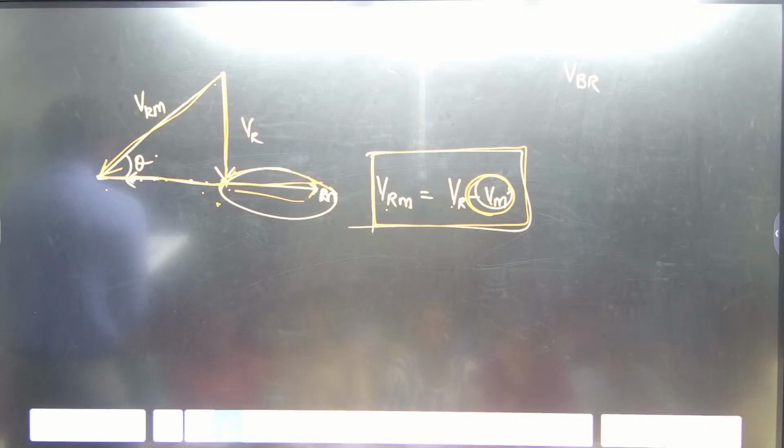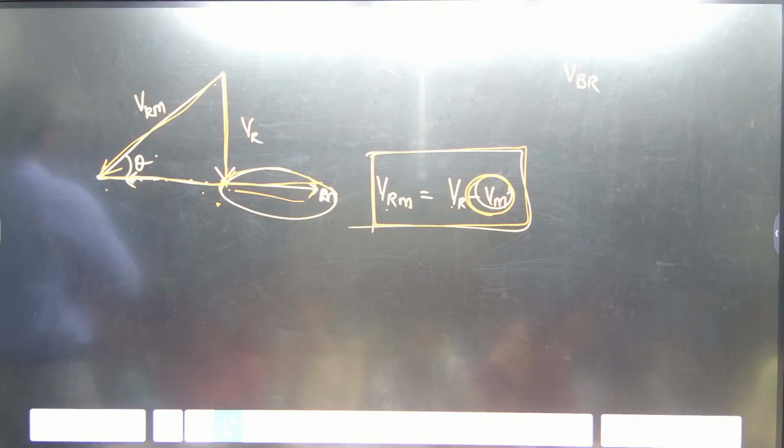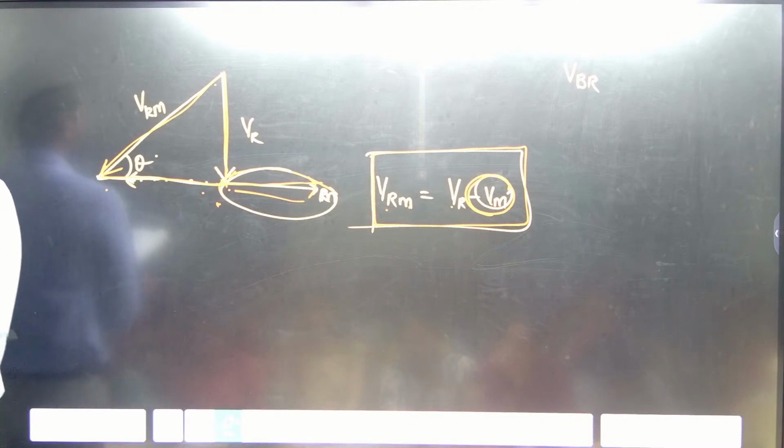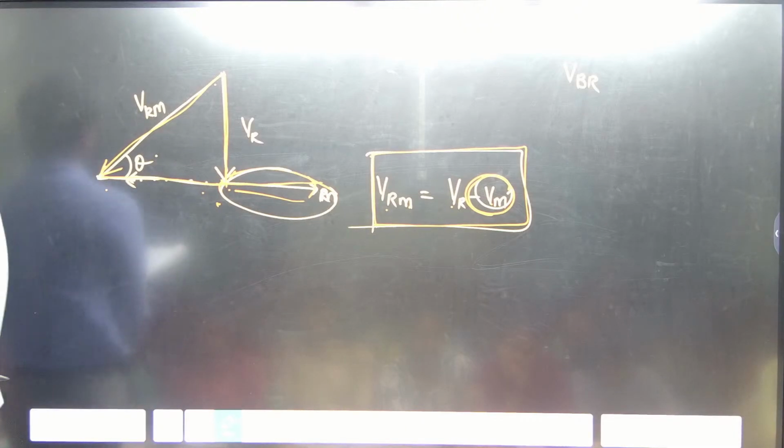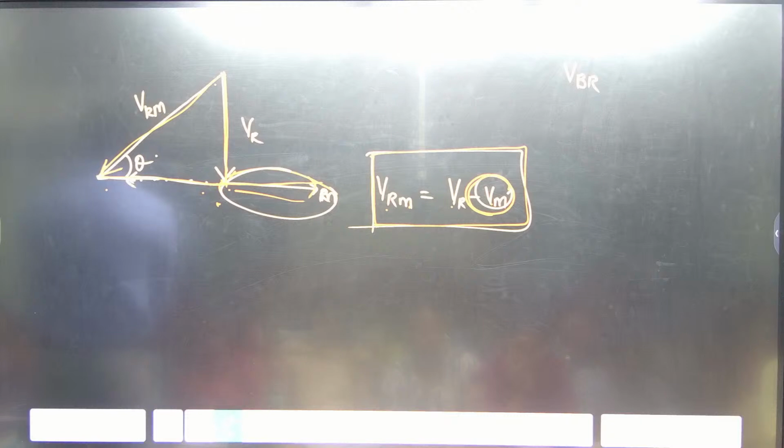Speed of a boat is 5 km per hour in still water, full stop.